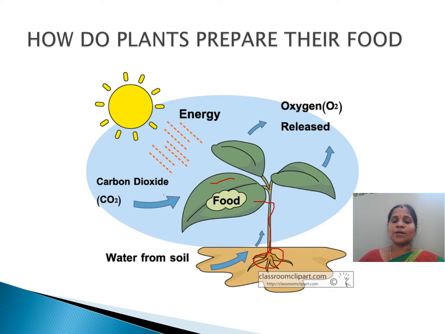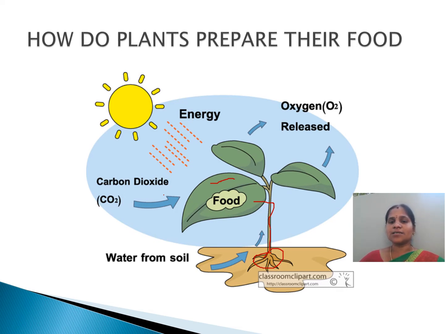So this carbon dioxide and water and minerals, in the presence of sunlight, are converted into food, that is, in sugar form. And along with the food, oxygen is also released. This total process we call photosynthesis.